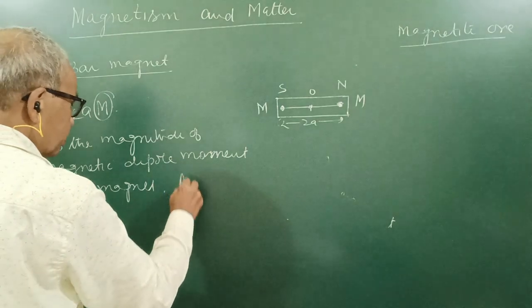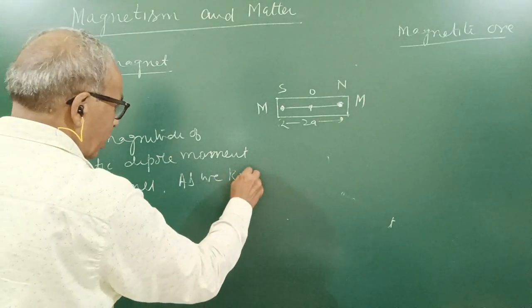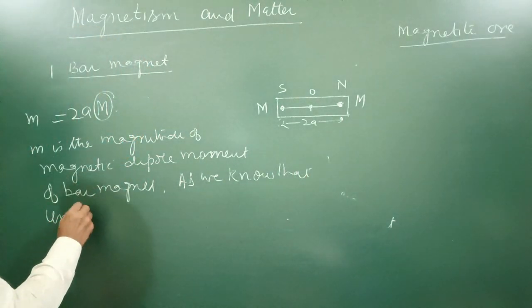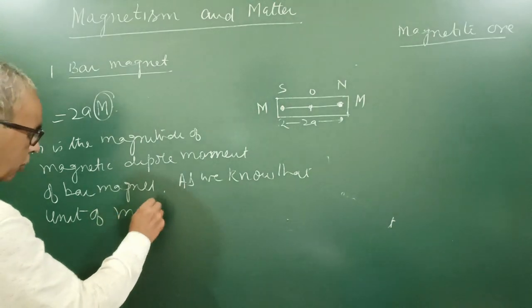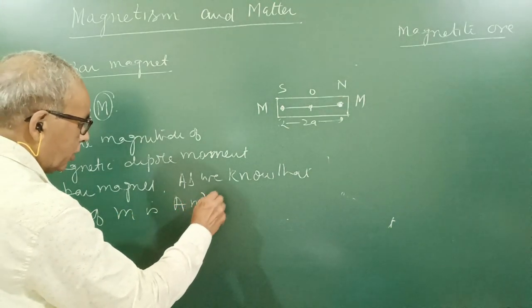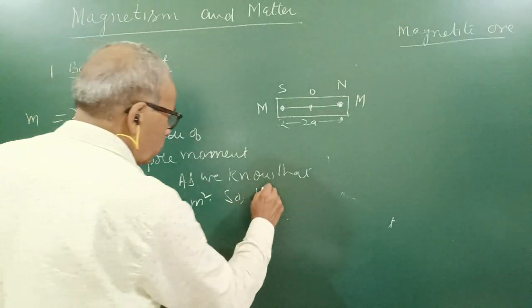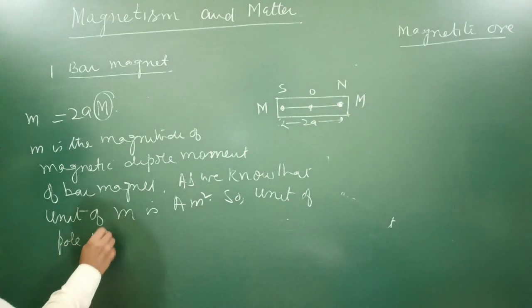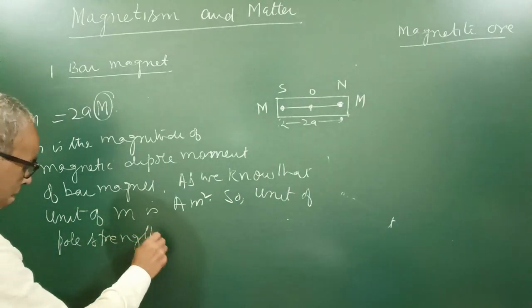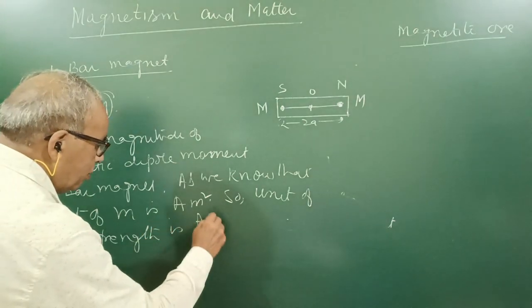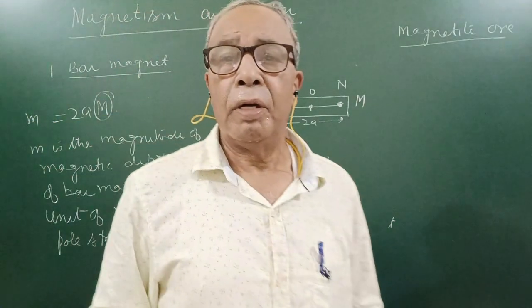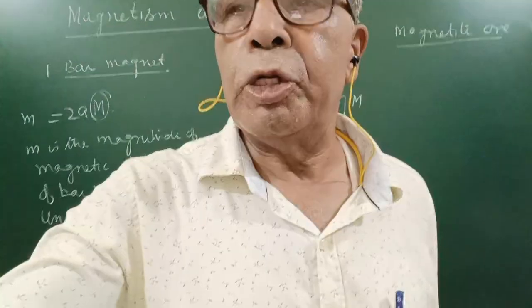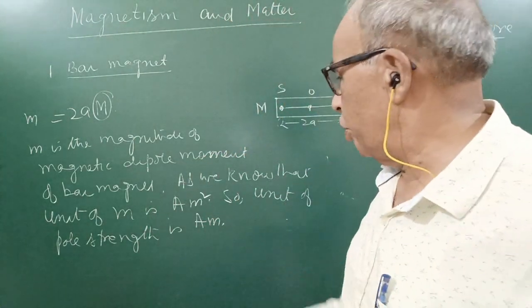As we know, the unit of m is ampere meter square. So the unit of pole strength is ampere meter. Unit of pole strength is ampere meter.